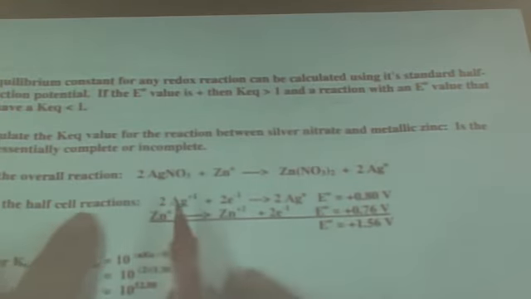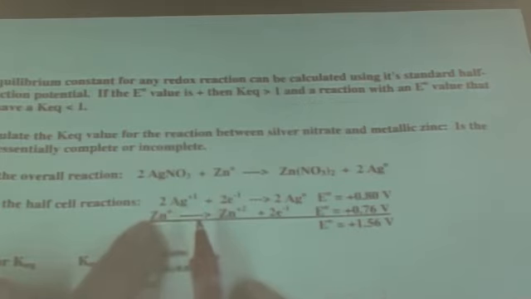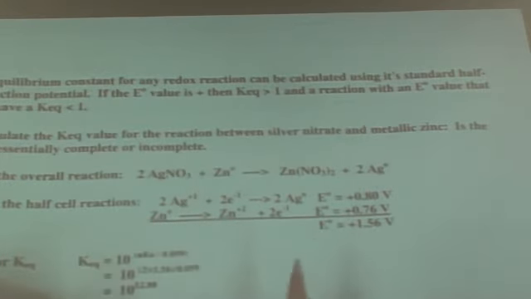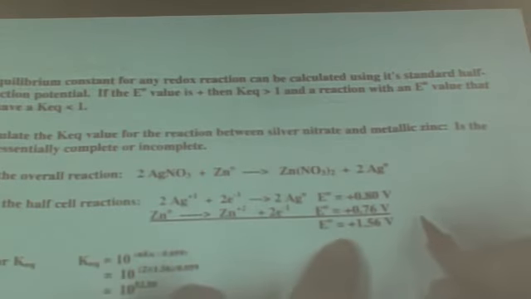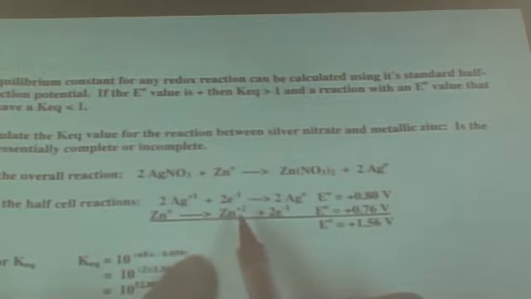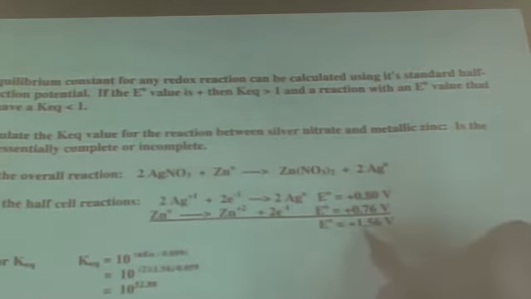Then with your standard reduction potentials, you would figure out which one was reduced, which one was oxidized, and find the E cell. I've already done that. I decided that zinc was going to be oxidized, so I flipped it around, changed the sign, and I got an E cell potential of positive 1.56 volts. Now I want to solve for K.